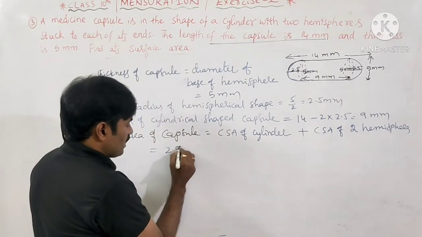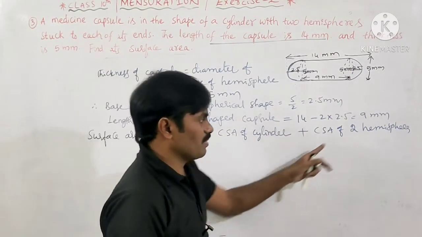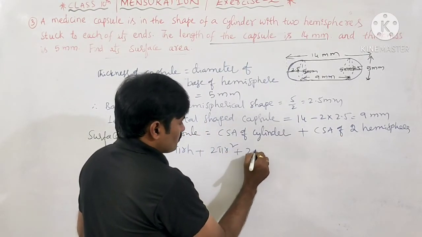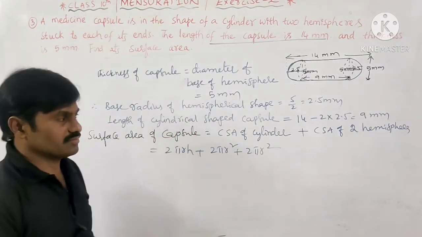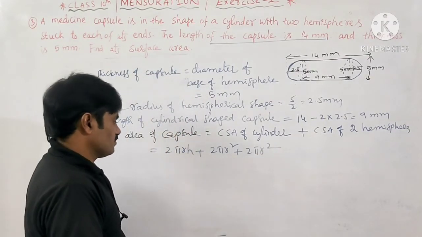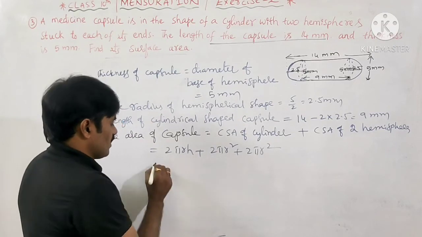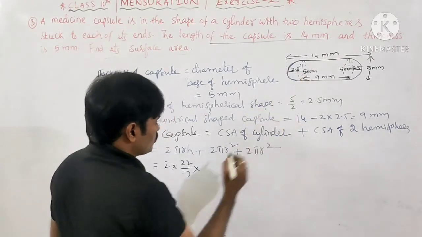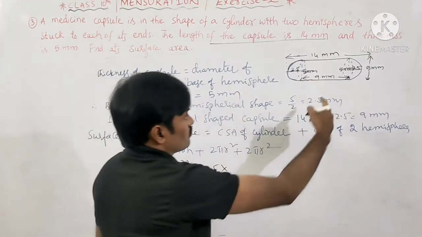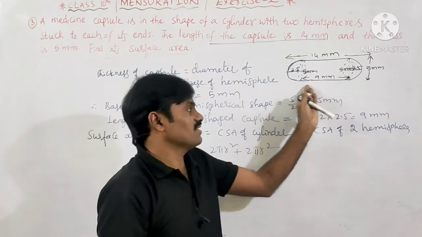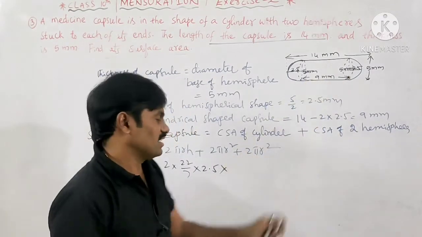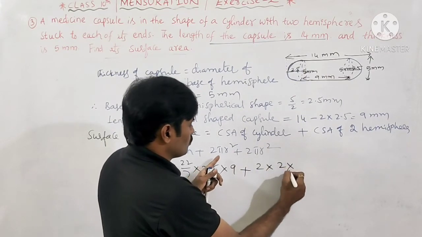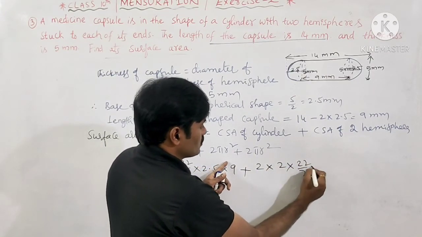So 2 pi r h plus curved surface area of 2 hemispheres, which is 2 pi r square plus 2 pi r square, that means 2 into 2 pi r square. Then substitute the values. 2 into 22/7 into 2.5 into h, where h is the height of the cylinder, nothing but its length, that is 9, plus 2 into 2 pi r square, which is 2 into 22/7 into 2.5 into 2.5.